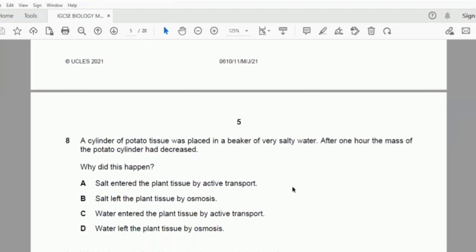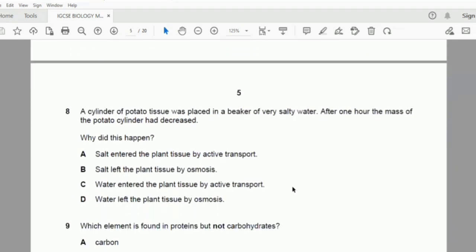Number 8 says that a cylinder of potato tissue was placed in a beaker of very salty water. After 1 hour, the mass of the potato cylinder had decreased. Why did this happen? Salt entered the plant tissue by active transport. Salt left the plant tissue by osmosis.